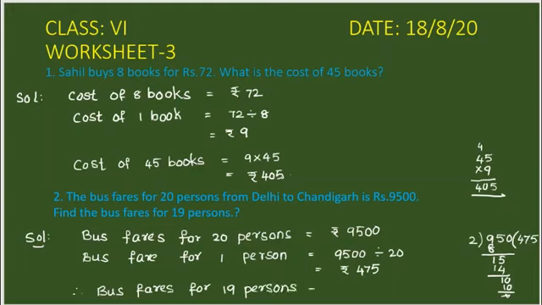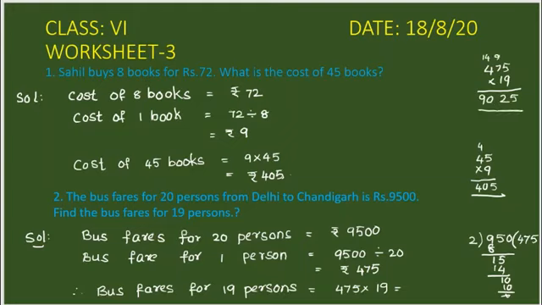We get 475, that must be multiplied by 19. So when you multiply 475 by 19, let us work out in rough here. 475 by 19. So directly by 19 table you can multiply, children. Here we have got 9,025.